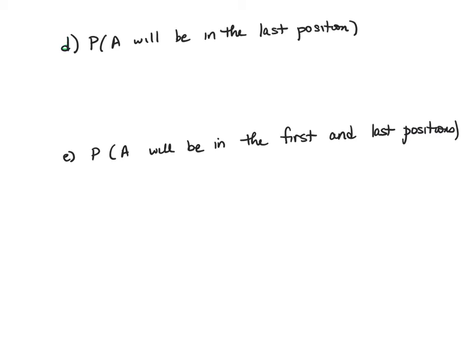We noticed that given 8 letters, and they're not all different, and we want the last position to be an A, we found that the number of ways was 1 times 7 factorial over 2 factorial. And the total number of possible permutations is 8 factorial over 3 factorial. And we would simplify that.